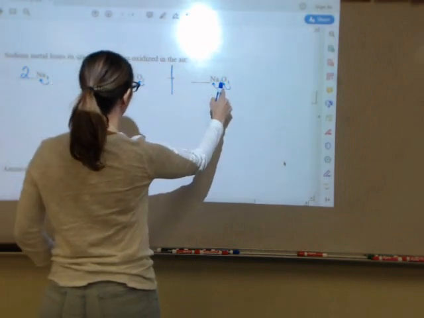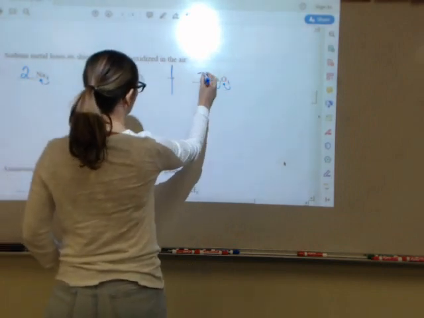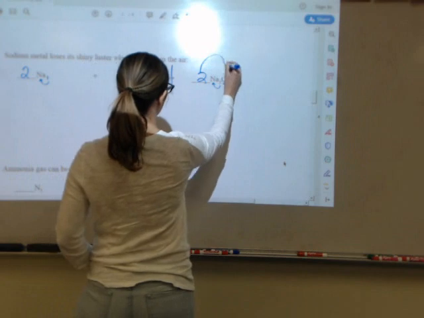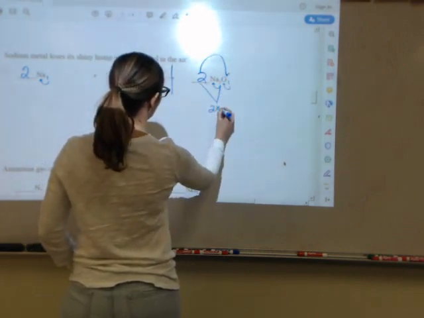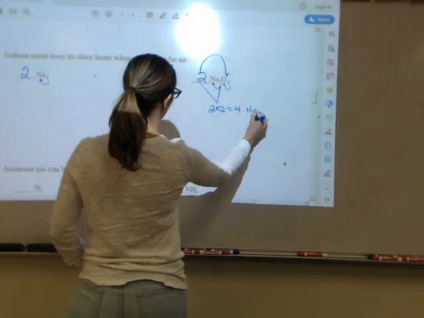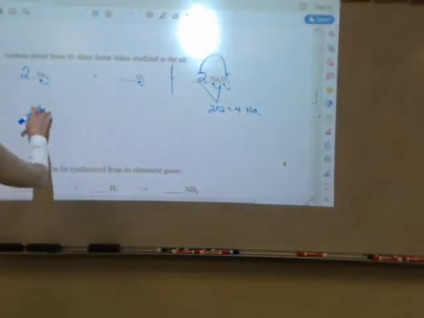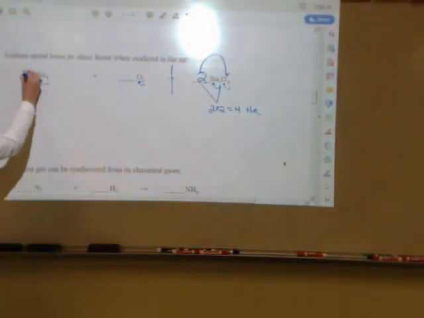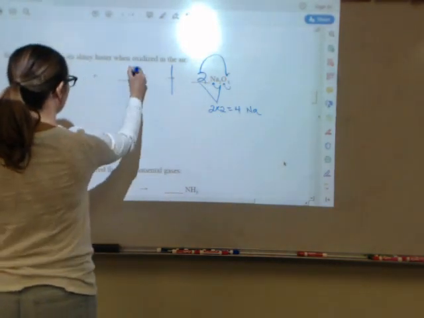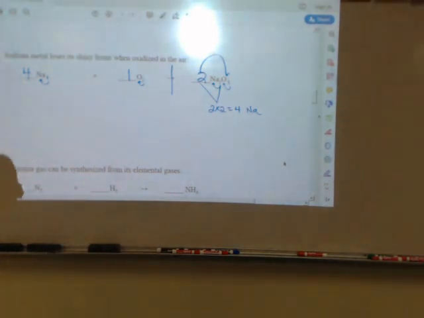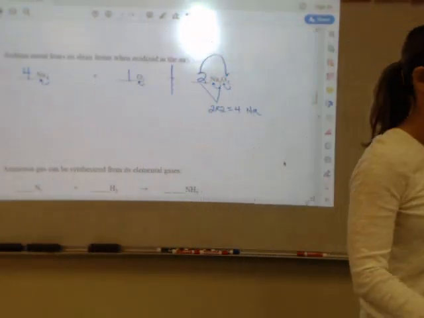So to balance this oxygen with this one, put a 2 in front of Na2O to balance the oxygen, which has now changed the number of sodium that I have. So I need to change the coefficient on the sodium to a 4 to balance it with the 4 sodium on the product side. Put a 1 in front of O2, my coefficients are 4, 1, 2.